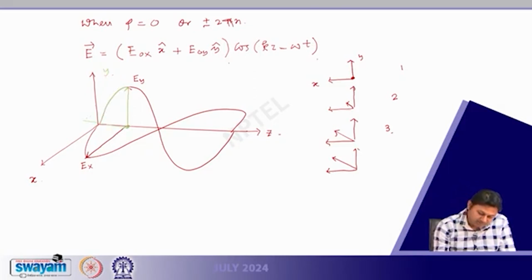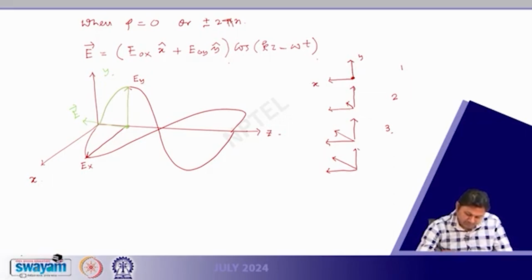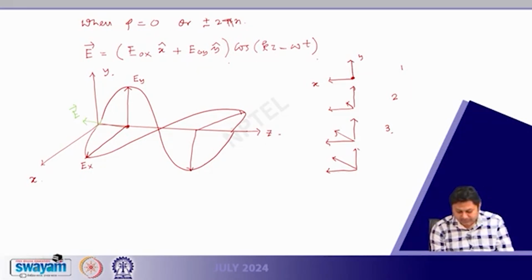At this point the electric field will be like this and this, and the resultant electric field will be along this direction.